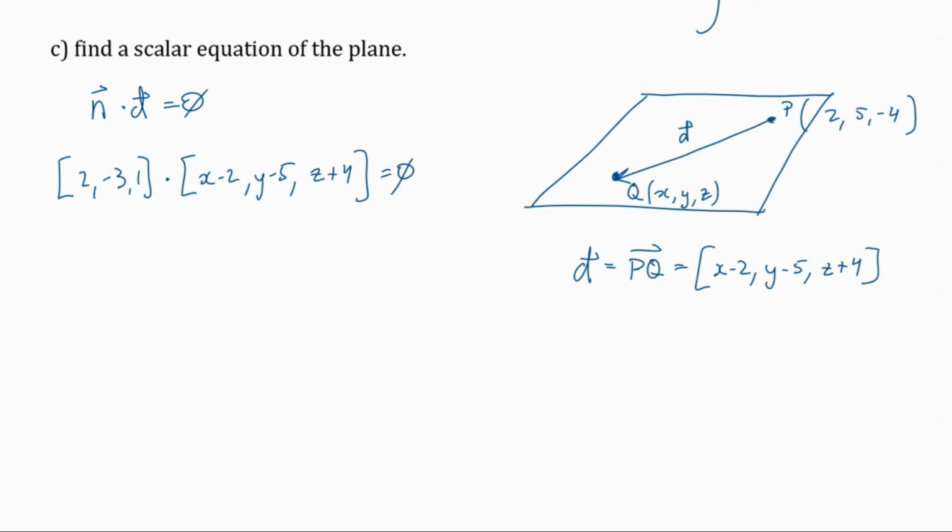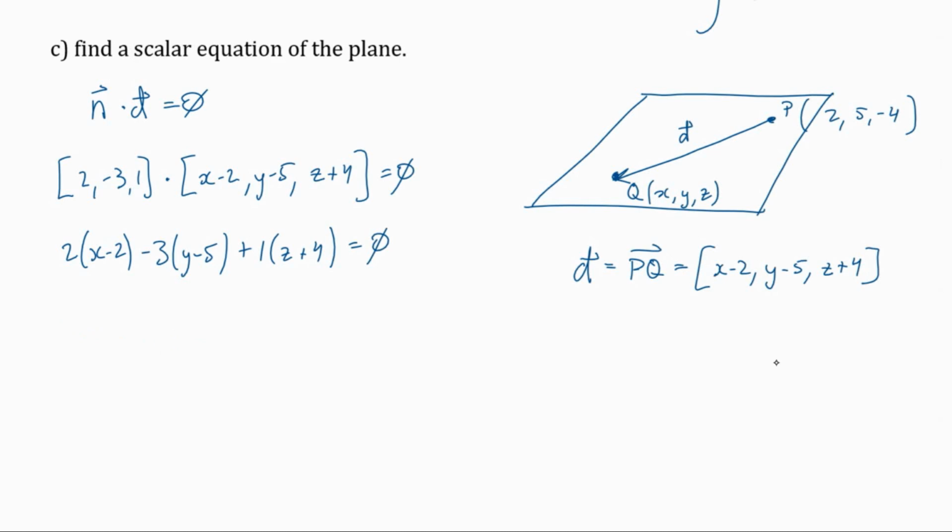So that has to be equal to 0. So that's like 2 times x minus 2 plus, actually, minus 3 times y minus 5 plus 1 times z plus 4 has to be equal to 0. And look at this, I end up with 2x minus 3y plus z.